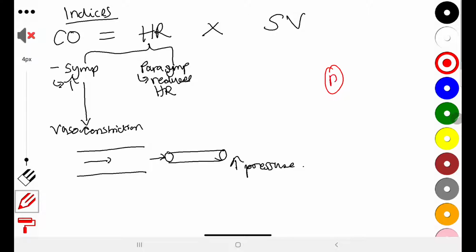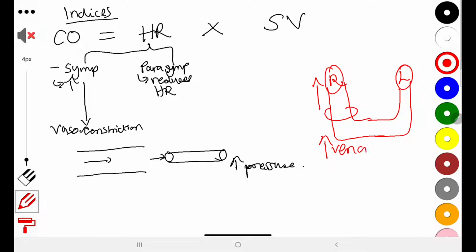If this side is the right and this side is the left, you have the arterial going to the tissue, and from the tissue you have it going back to the heart on the venous side. So if this side is constricted, you have increased pressure to the heart. And if there's increased pressure to the heart, we call this an increase in venous return. Okay, all right. So it causes vasoconstriction, which leads to an increase in venous return.